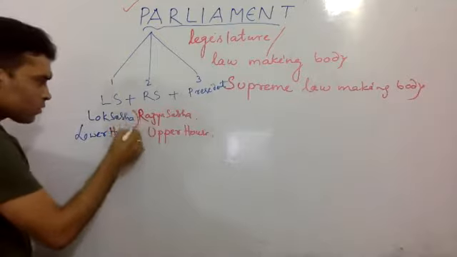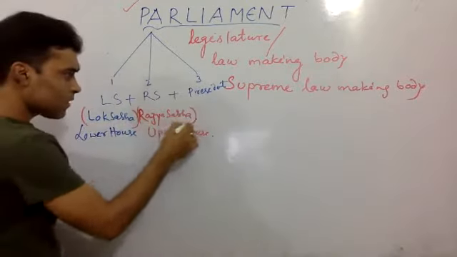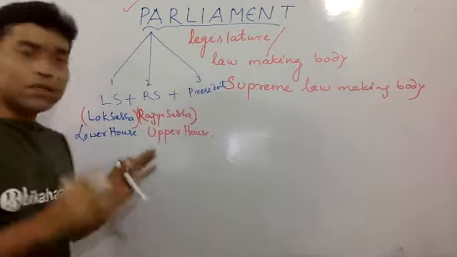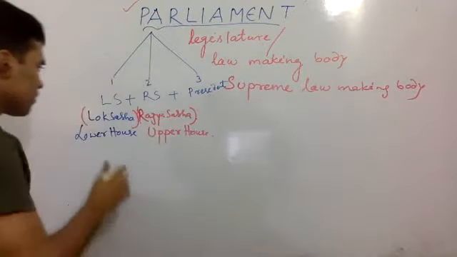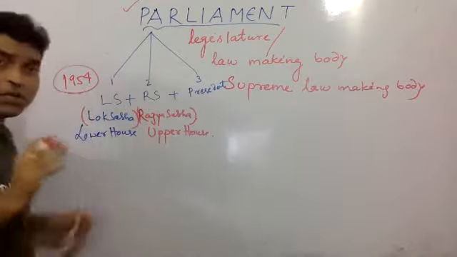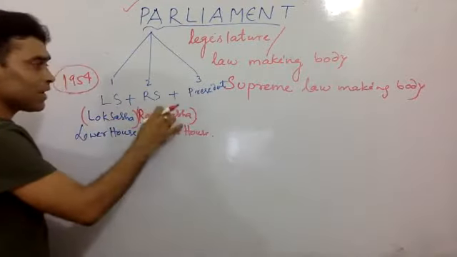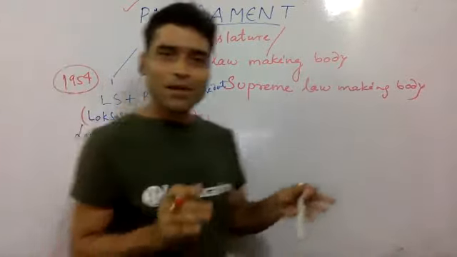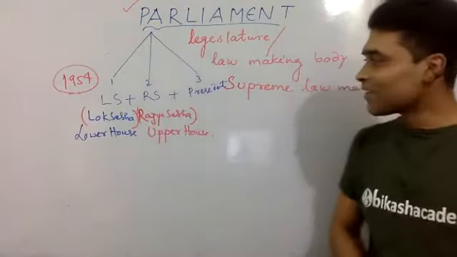And Lok Sabha and Rajya Sabha got their names in 1954. That means in 1954, the Hindi words Lok Sabha and Rajya Sabha were adopted by the Parliament of India.